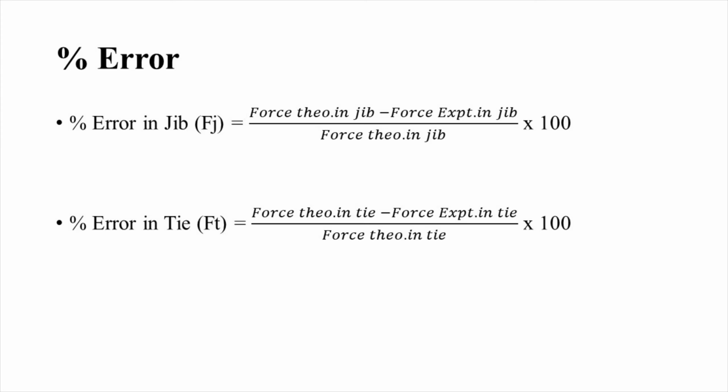Similarly, the percentage error in tie is force theoretical in tie minus force experimental in tie, divided by force theoretical in tie, into 100. With these equations you have to find the percentage error for the jib and the tie.